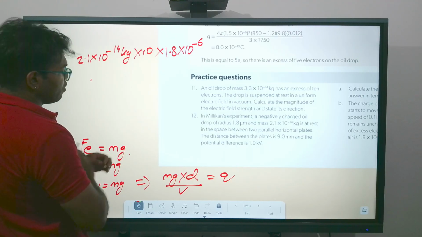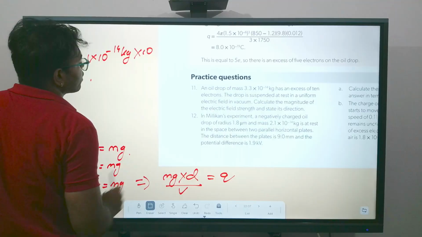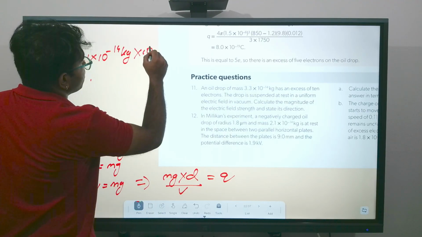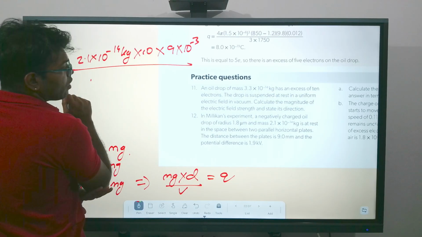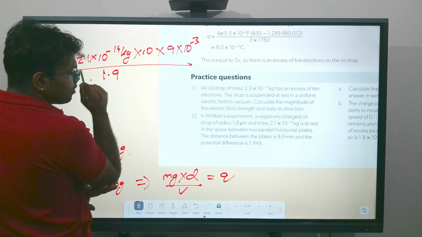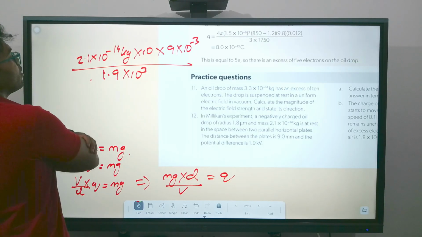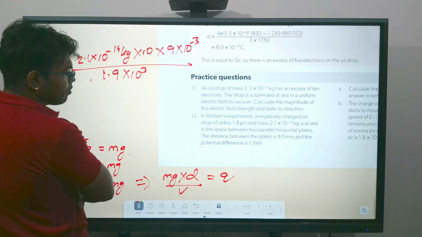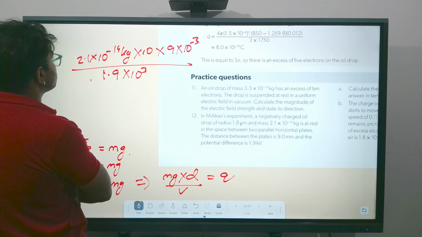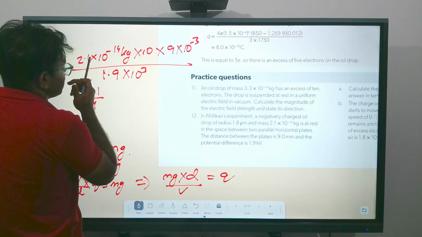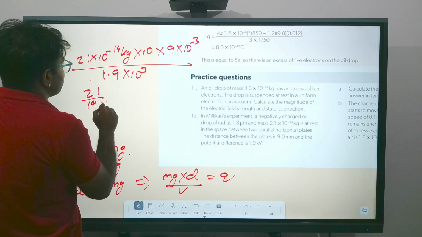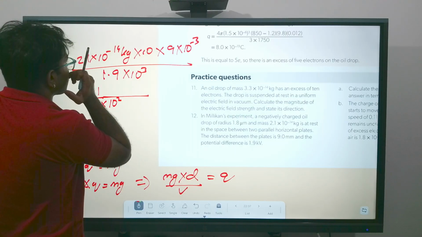We don't need the radius, right? For now we don't need the radius. Multiplied by 9 millimeters, that is 9 into 10 to the power minus 3, upon 1.9 into 10 to the power of 3. Okay, so this will become equal to 21 upon 19 multiplied by 10 squared, 10 to the power minus 14.